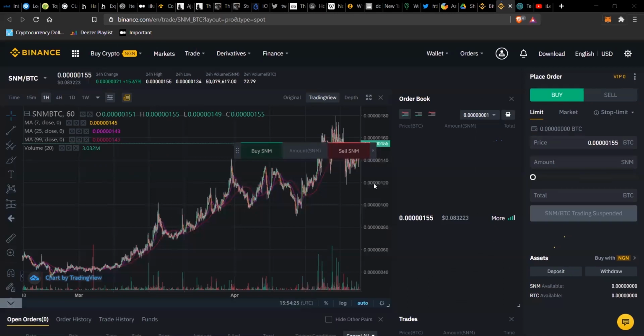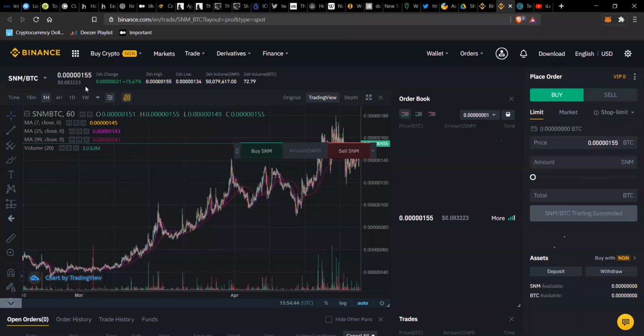So you just need to understand that Satoshi value. It will help you go a long way in your trading. So SNM is currently trading at 155 Satoshi. Buy SNM, that kind of thing.